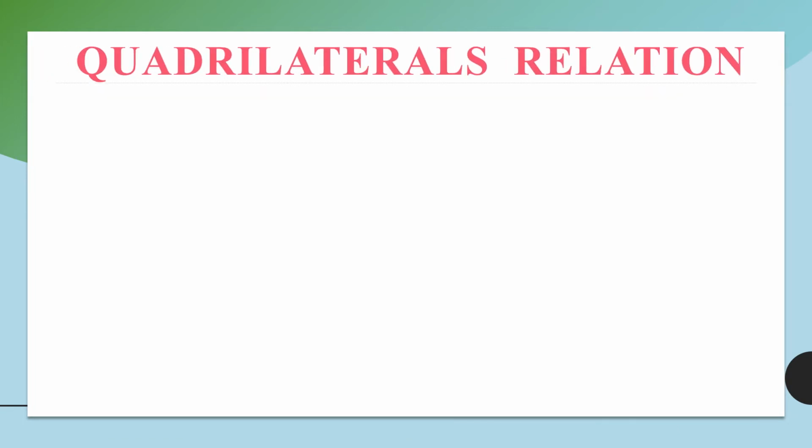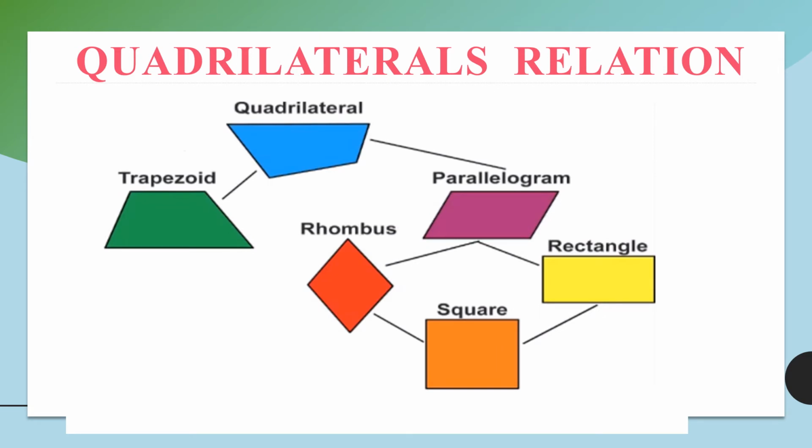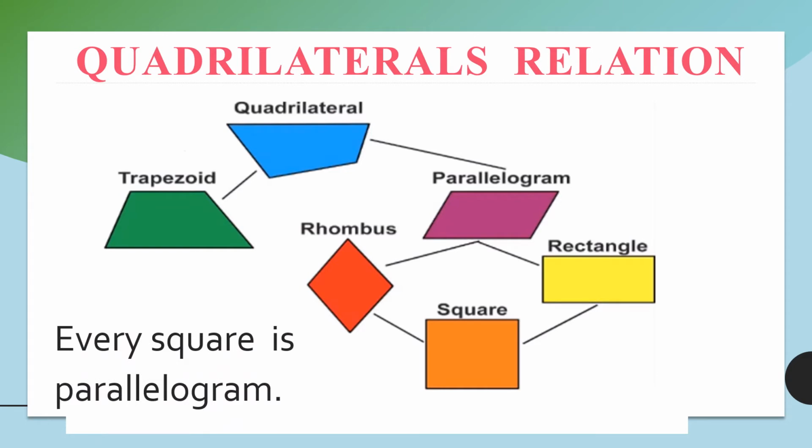Now let's see the relationship between different quadrilaterals. This is the figure which shows how different types of quadrilaterals are related to each other. Now let's see an example. Every square is a parallelogram. We need to say whether the sentence is true or false.